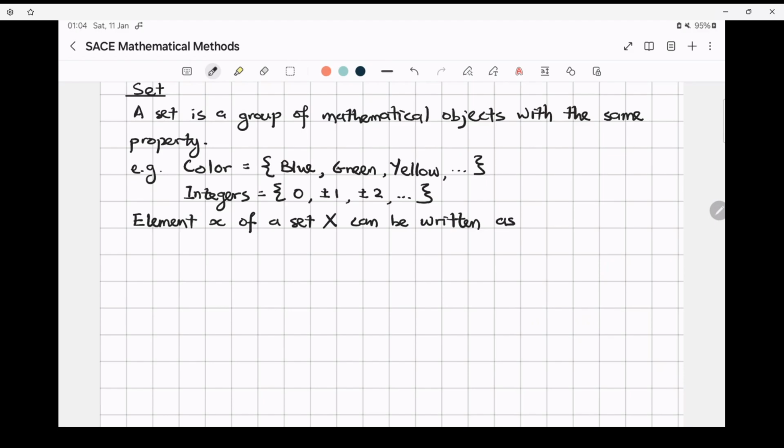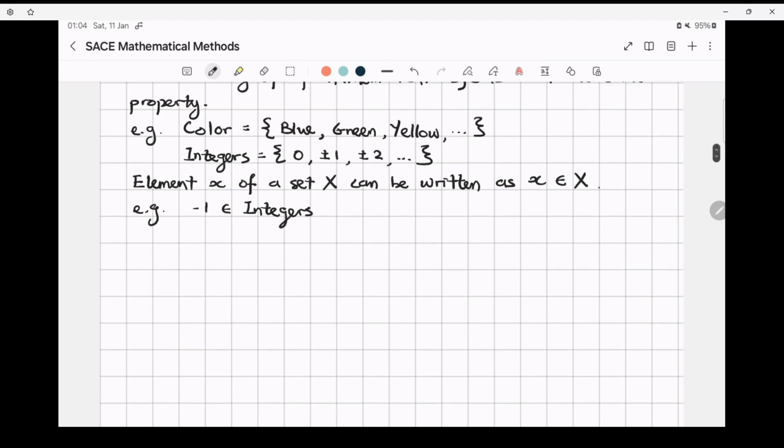You write this with this particular symbol: the small x is an element of capital X. Looking at the examples from above, you can say that, for example, minus 1 is inside the set of all integers. Later on, we'll give a special name for that particular set.